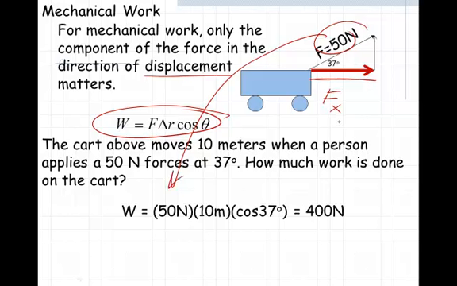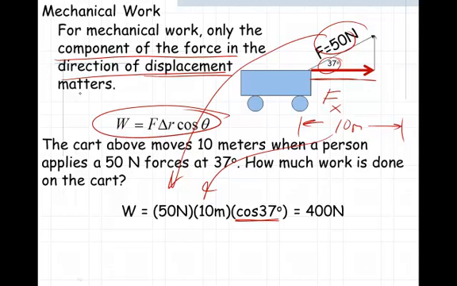The distance that we're going to move it is 10 meters, so that's why we plug 10 meters there. And our angle is 37 degrees. So again, the important thing here for mechanical work is that only the component of the force in the direction of the displacement matters. So if all of the force is pointing in the same direction, then this equation simply becomes F times d.